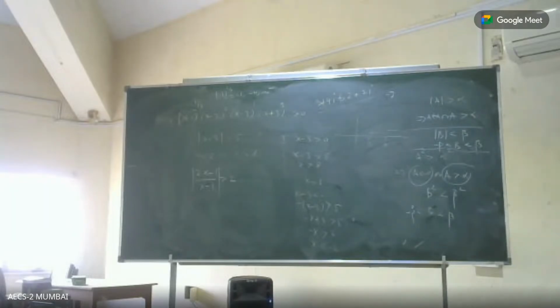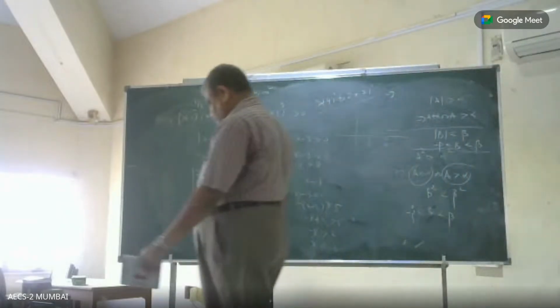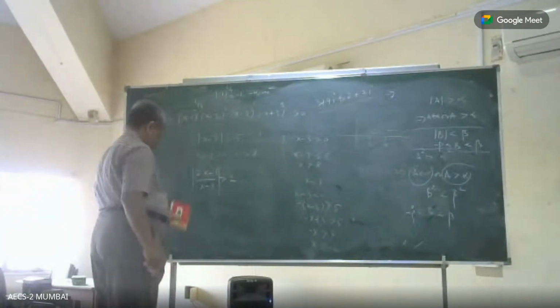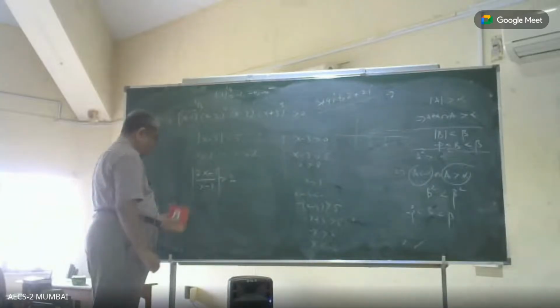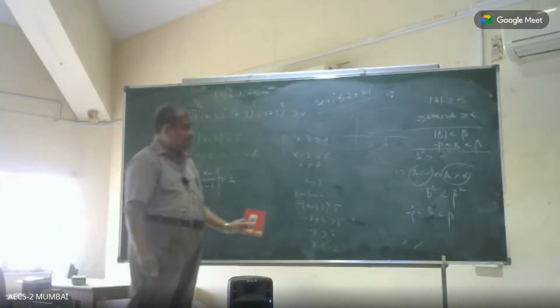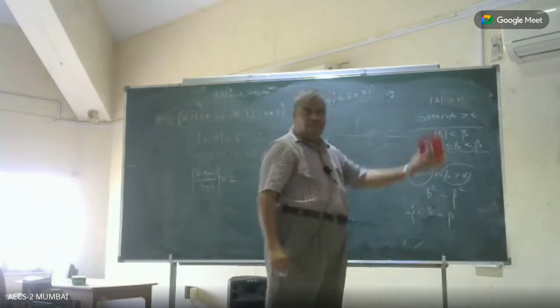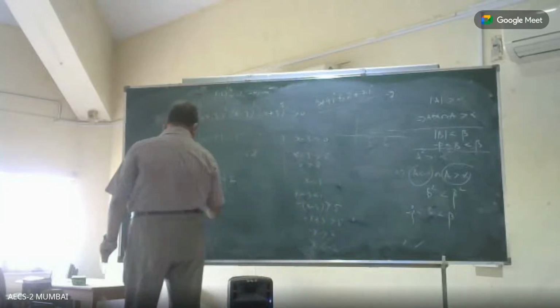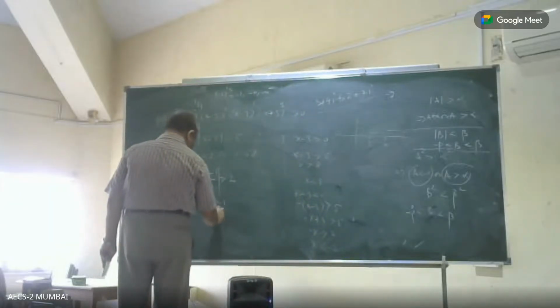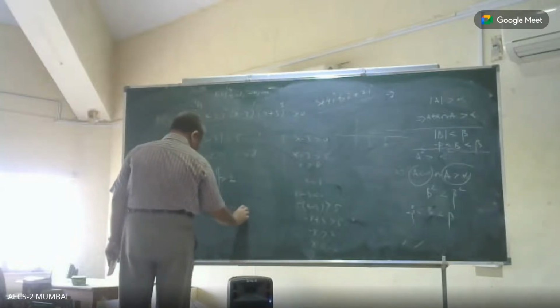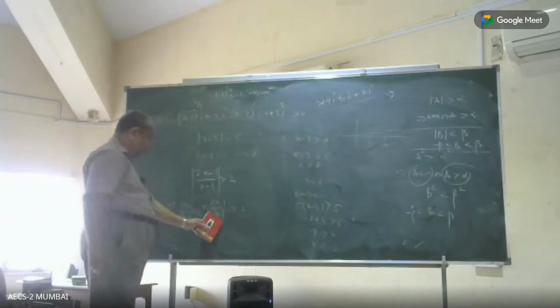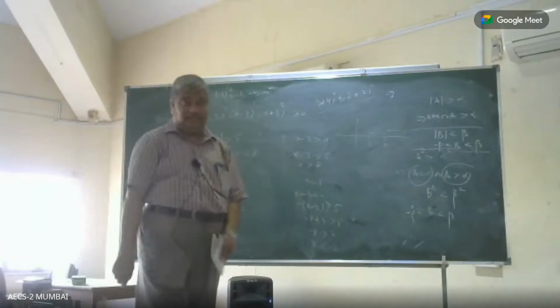Correct? So this is equivalent to two things. Whenever you see this, so this means 2x minus 1 upon x minus 1 is greater than 2 or 2x minus 1 upon x minus 1 is less than minus 2. You solve this, take union.